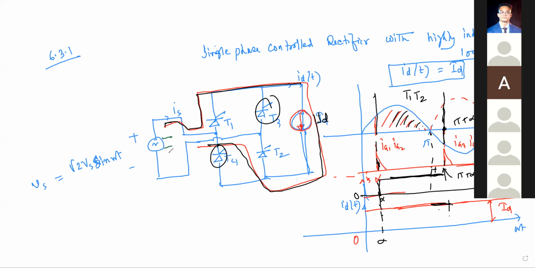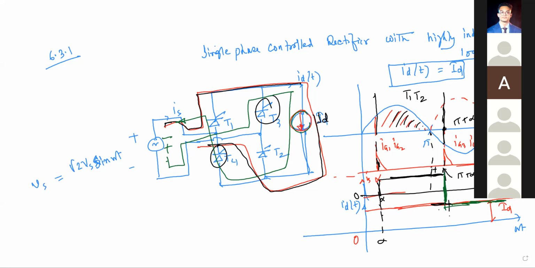Here negative to positive, T3 and T4, and IS will be the negative of the previous one, and IS will be the same as your ID, but negative. So that means it will go here. Now T3 and T4 will be conducting until two pi plus alpha, because at two pi plus alpha we apply IG1 and IG2 again. So T3 and T4 should conduct until two pi plus alpha.